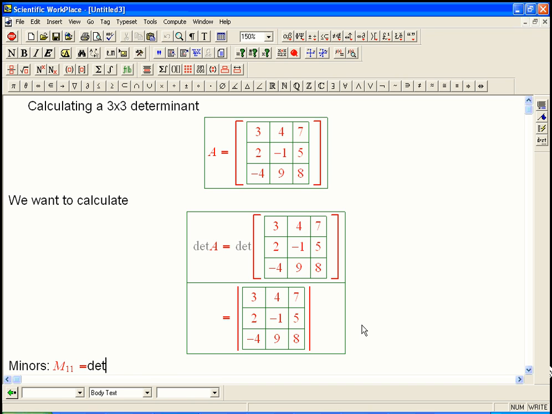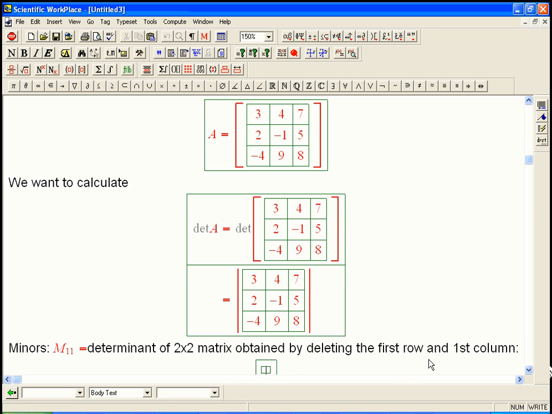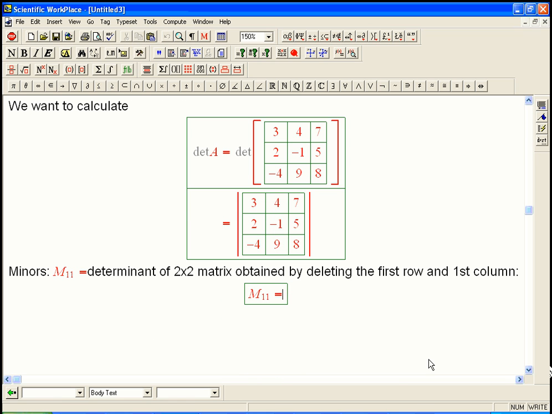That's equal to the determinant of the 2x2 matrix obtained by deleting the first row and first column. And so M11 is going to be the determinant.